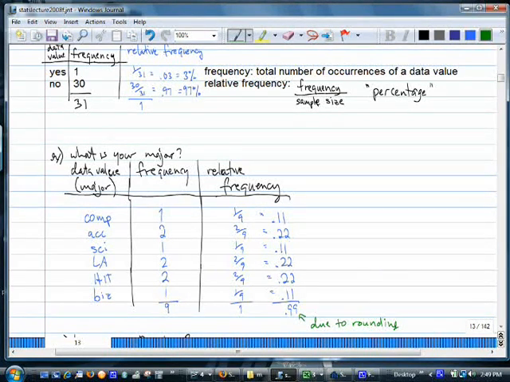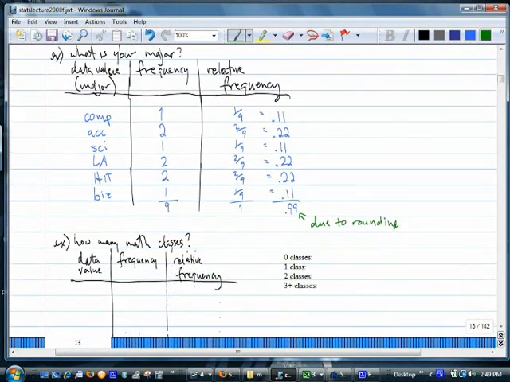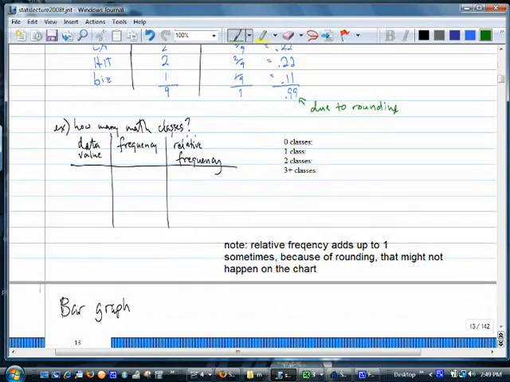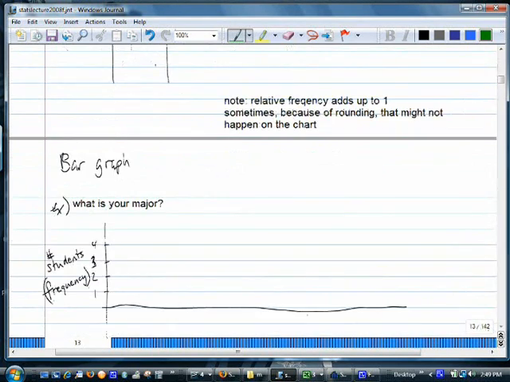Okay. We'll come back to this. Next, a bar graph. So how do we make a bar graph for this? What's the first thing I have to do? First, we put the majors on the bottom.